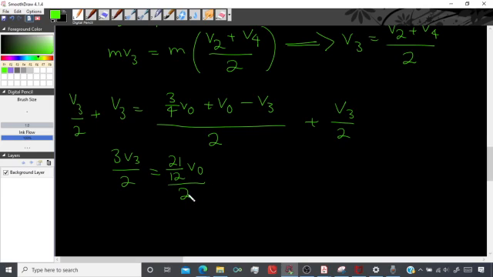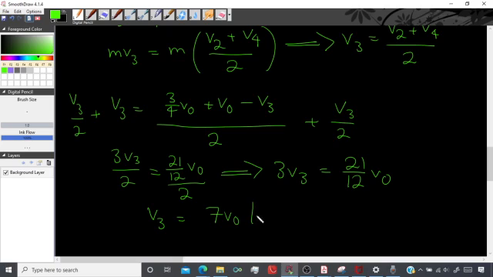So then we get that 3v3 is equal to 21 over 12 v naught. And if we divide both sides by 3, we get that v3 is equal to 7 v naught over 12.